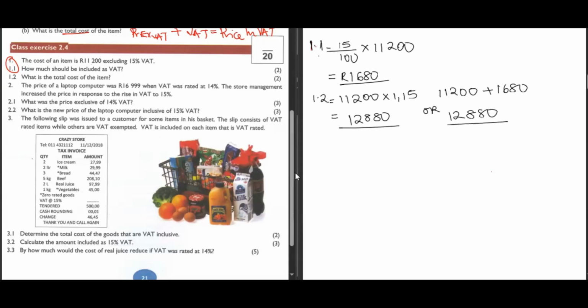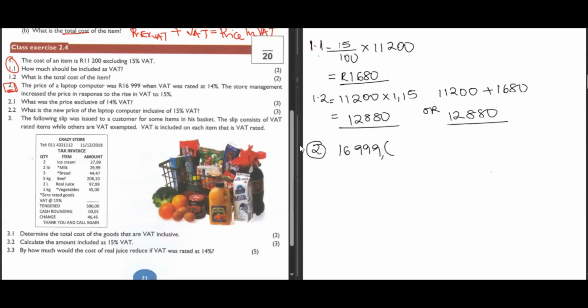All right, we look at question number 2. Remember the VAT was 14. The old VAT was 14. It was increased recently to 15%. The price of a laptop was 16,999.